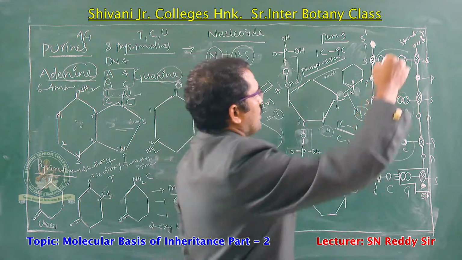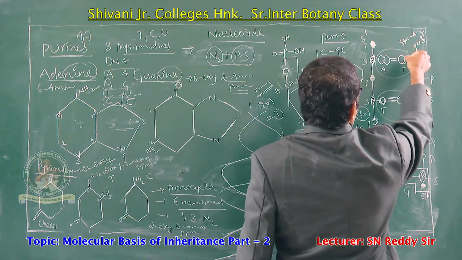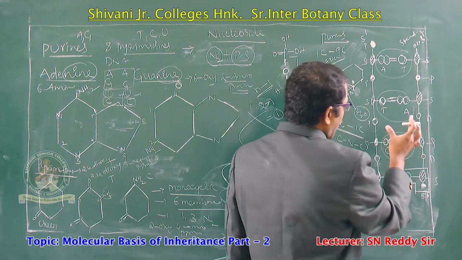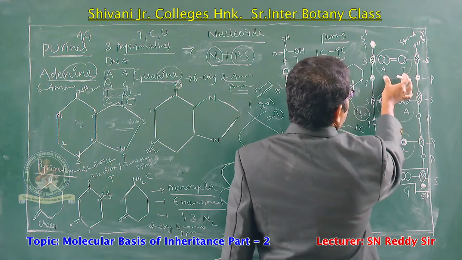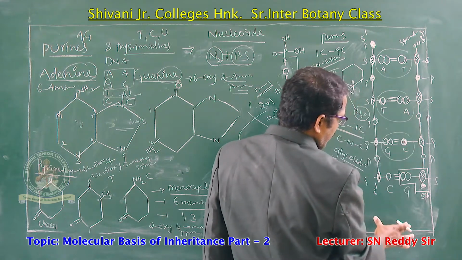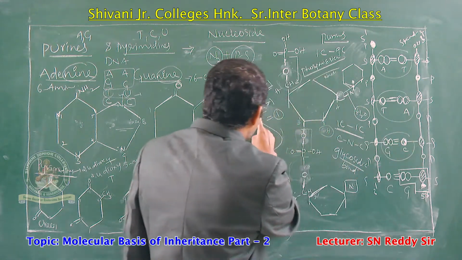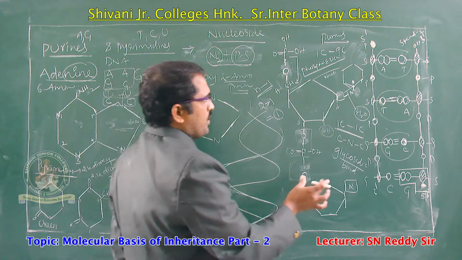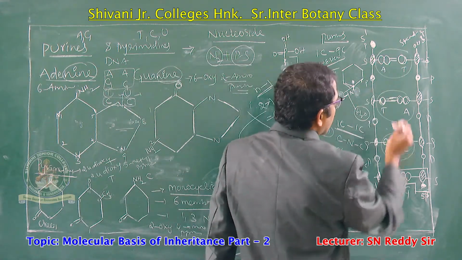So nitrogen bases make a bond in the DNA. In the case of DNA, these are the two strands. The two strands are arranged in a helical manner like a twisted ladder, but for our convenience, we make a picture like this only.